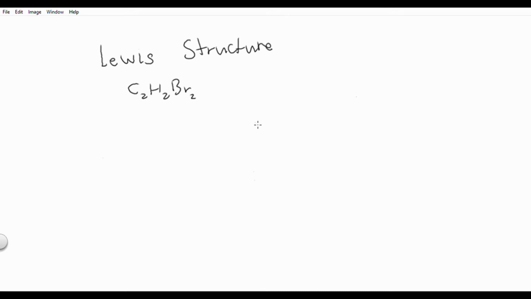Alright, the basic way that you draw the Lewis structure is the least electronegativity goes in the middle, and then you branch from it. If you look at the periodic table, I will just give you a basic understanding of the trend for electronegativity.